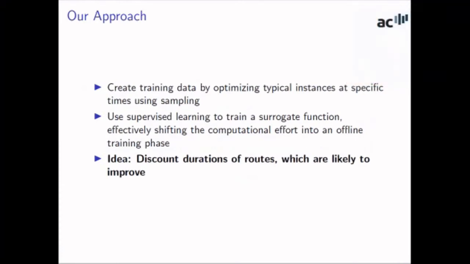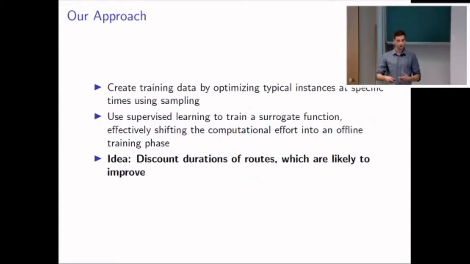So instead of using sampling-based techniques in the actual runs, we use sampling-based techniques beforehand to generate training data, and then use that generated training data to fit models, which are then used to consider future improvements of route durations.